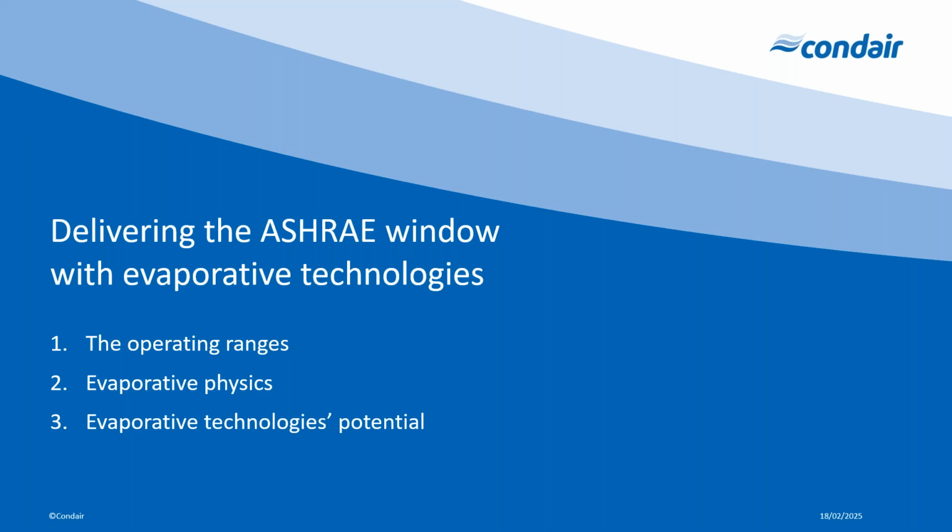Although American is in the name, they are a global organization or association with over 50,000 members and more than 130 countries representing it. So a very well represented association. And in this section, we'll cover the ASHRAE operating ranges, the physics of evaporative cooling, as well as the conditions where evaporative cooling can potentially be used.